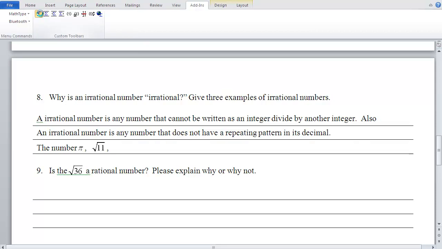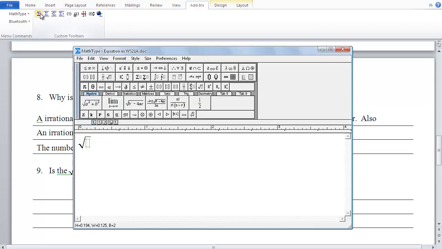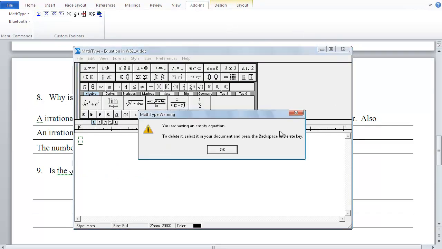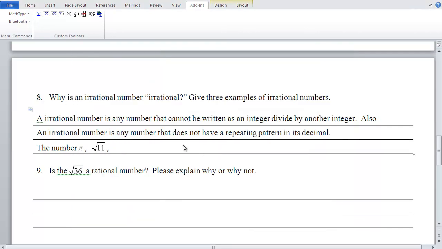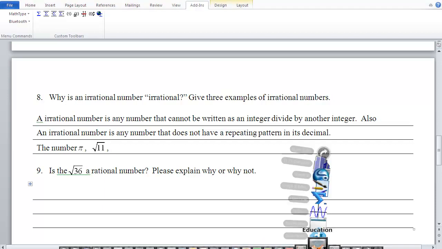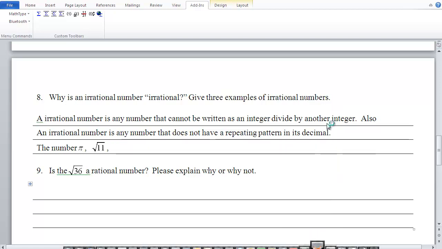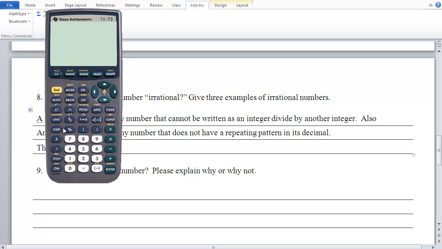We're just going to use another one. I'll tell you what we'll do. Let's close this and get out my calculator. I know I'm saving an empty equation. It's okay. Let's get us another number. Let's use the square root of 5.